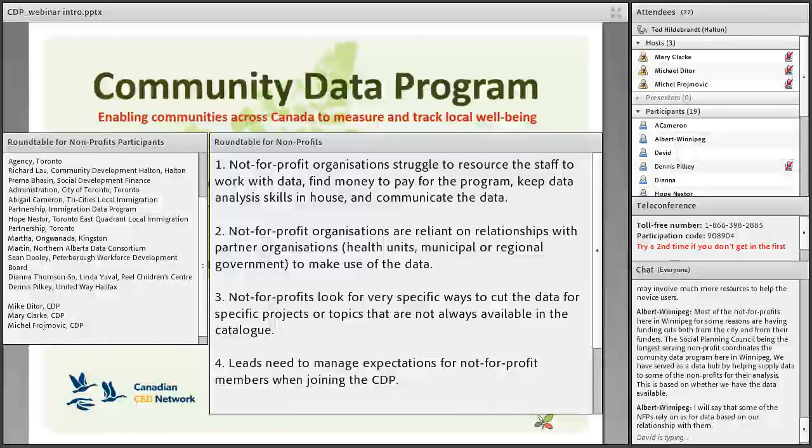Even though she had access to the community program, she hadn't really used it until she had a better sense of how to move around the website and understand what was actually available. So I think it's a bit of both, and I know that's always going to be the challenge with the CDP.